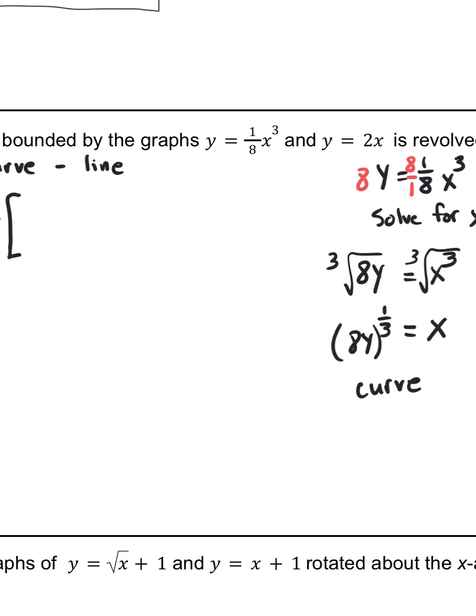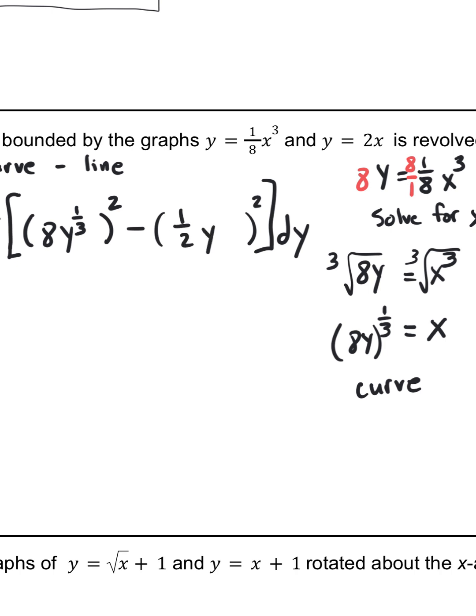So we need x squared here, and we need another x squared here. And this is a dy because it matches our axis of rotation. So when I plug in my curve right here, I'm plugging in this right here. So that becomes 8y to the 1/3. When I plug in my line right here, I'm plugging in 1/2 y.